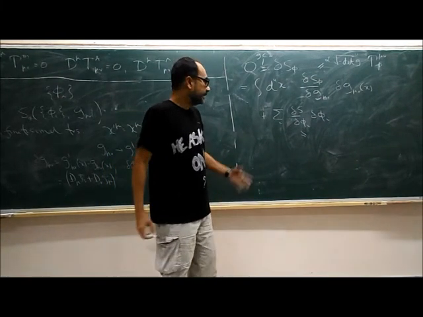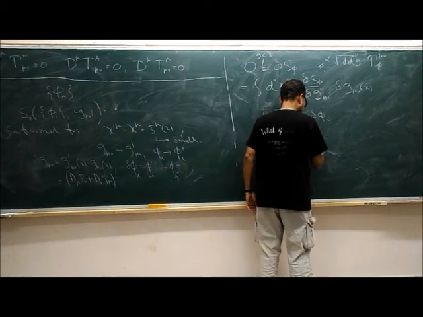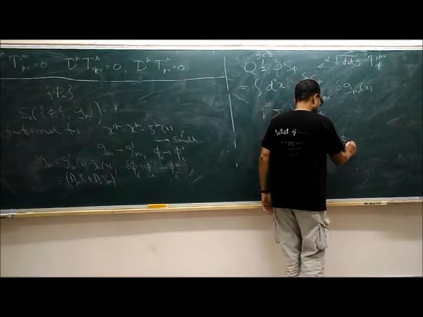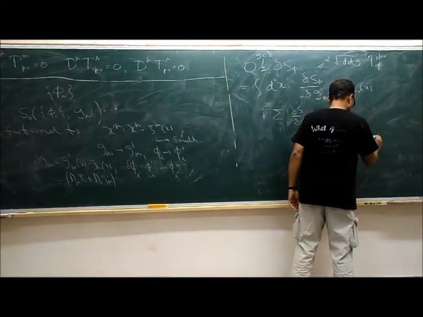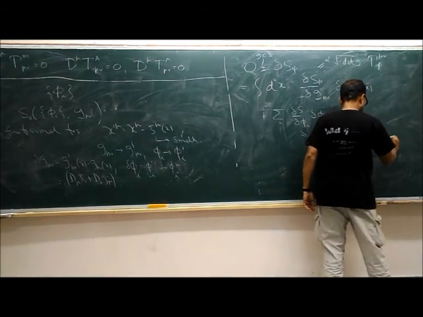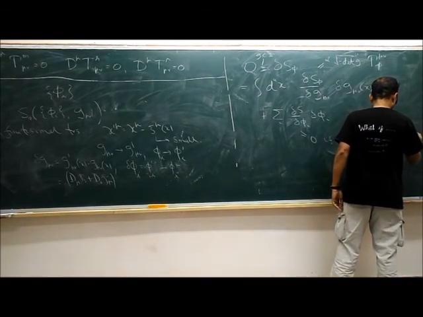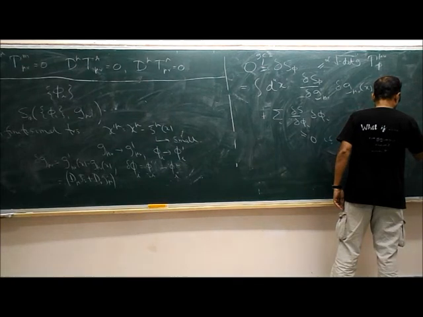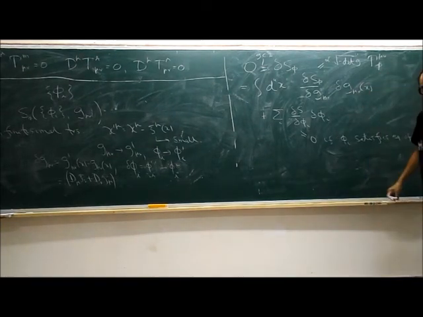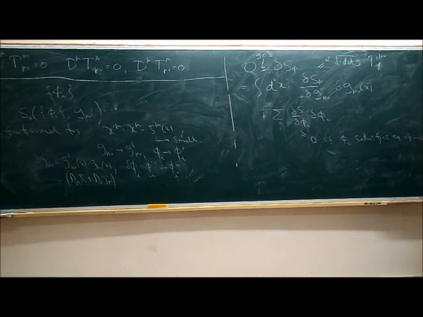But what you know is that this is 0 if phi I satisfies the equation of motion. And classically, of course, everything satisfies the equation of motion.